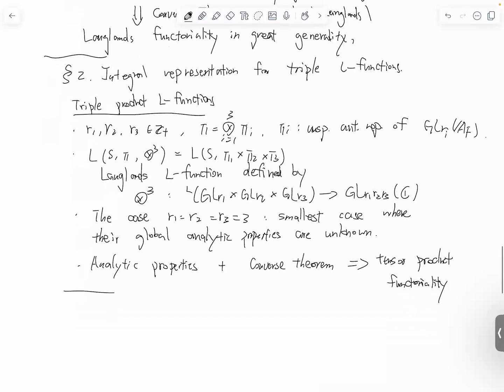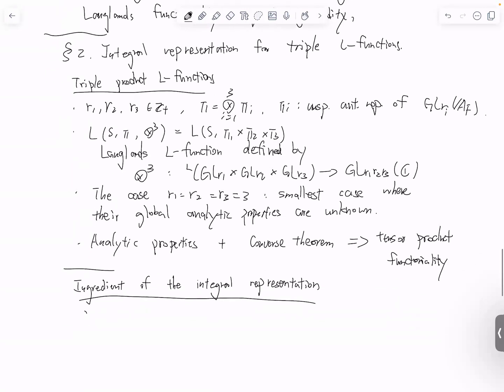Okay, now I'll dive into the ingredients of the integral representation. So I will first start with the groups involved.